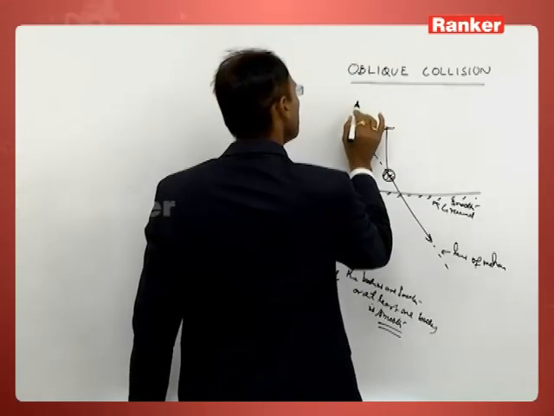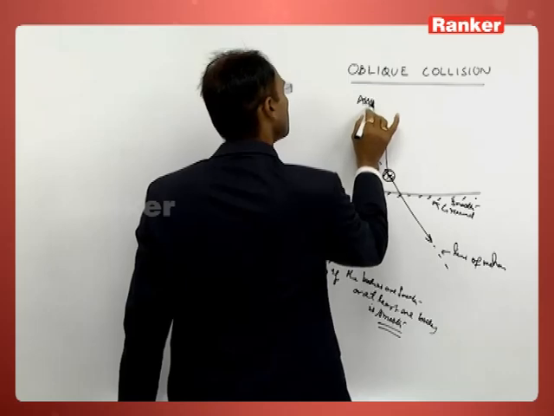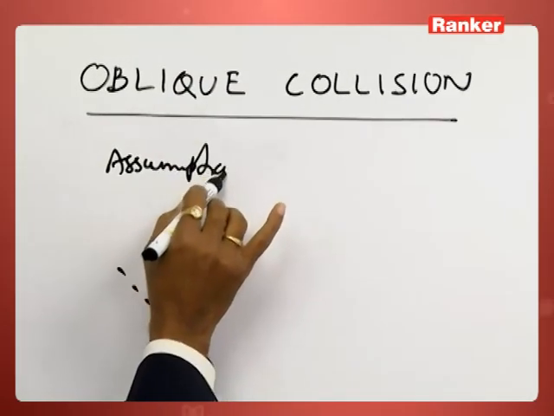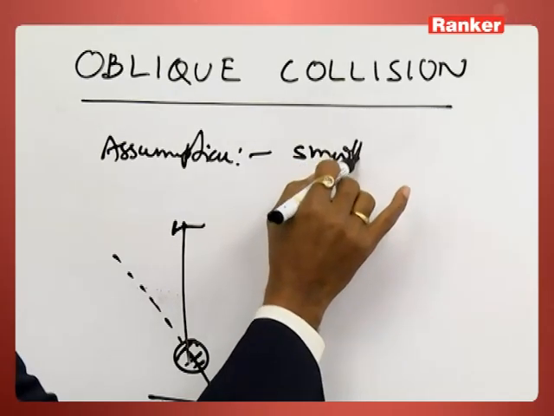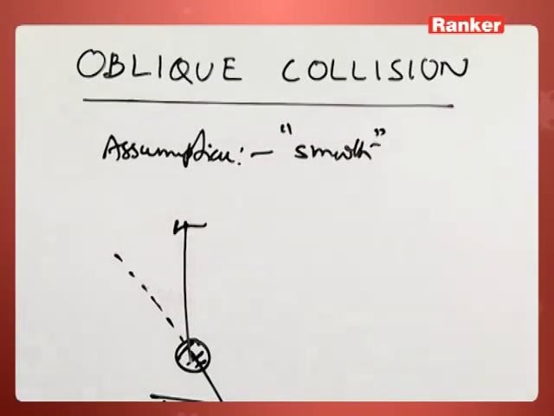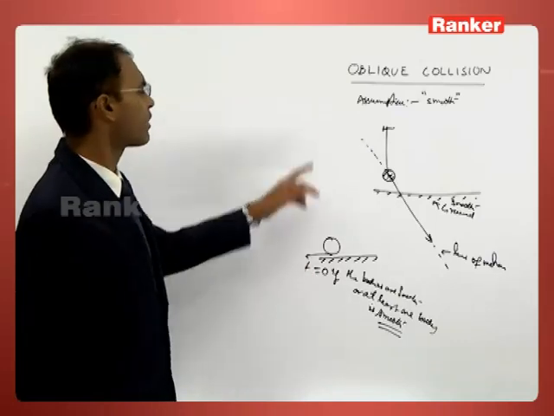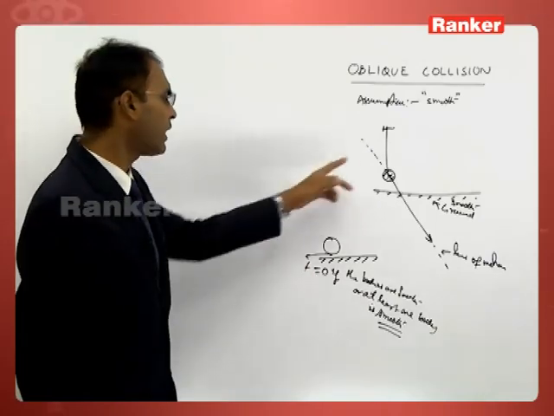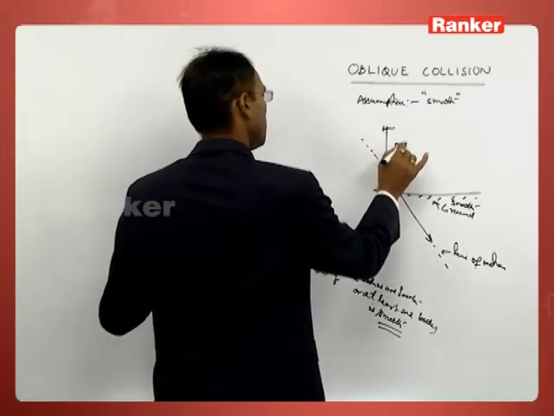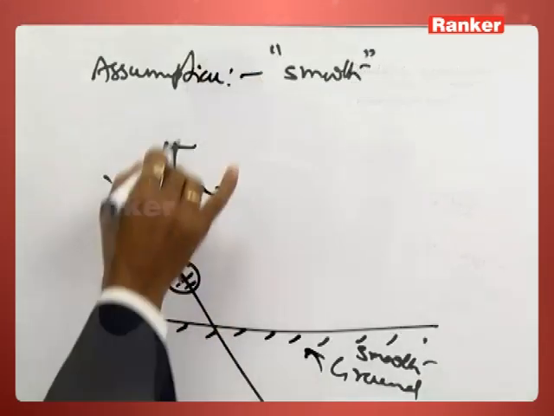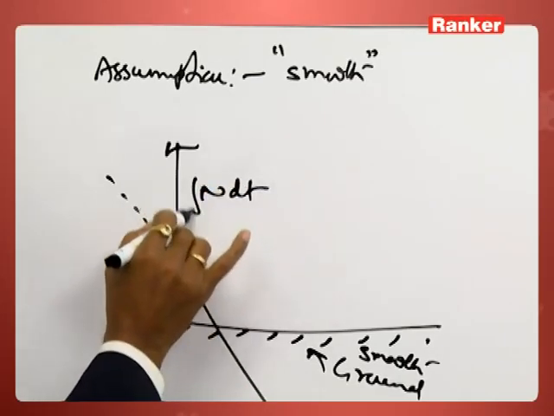So, in oblique collision, the assumption is smooth surface. If the surfaces, or one of the surfaces or one of the bodies, is smooth, the impact force is always normal in this case.